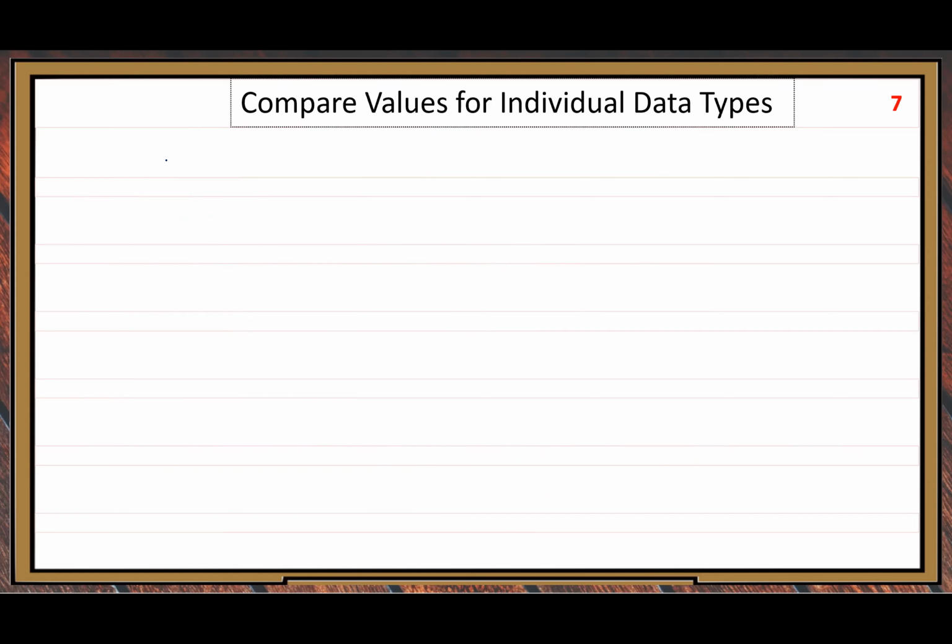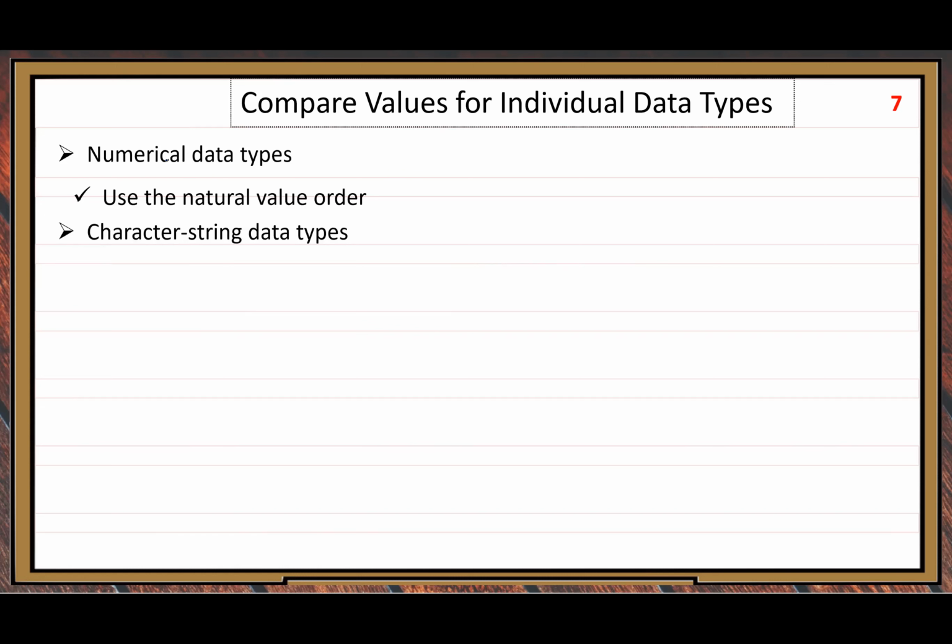Compare values for individual data types. Numeric data types use the natural value order, so we don't need to define it. We know numerical order. That's the simple case. For the character string data type, we also have a natural order, right?